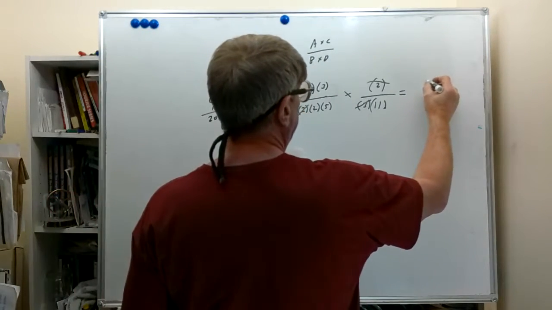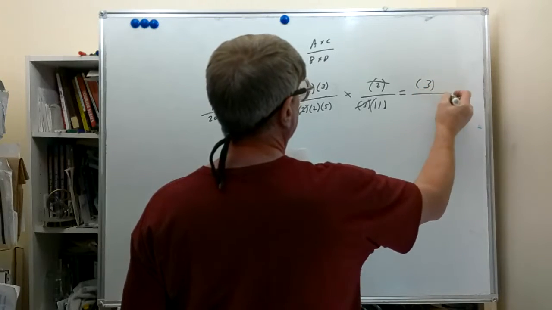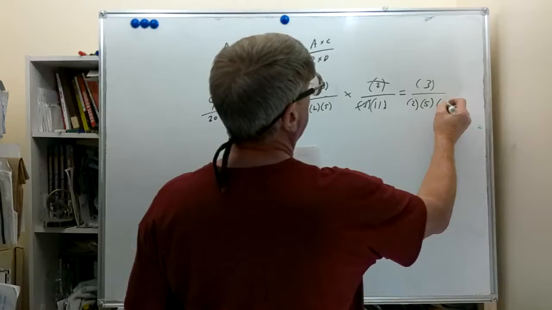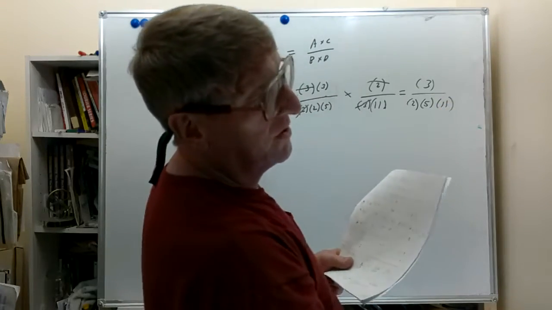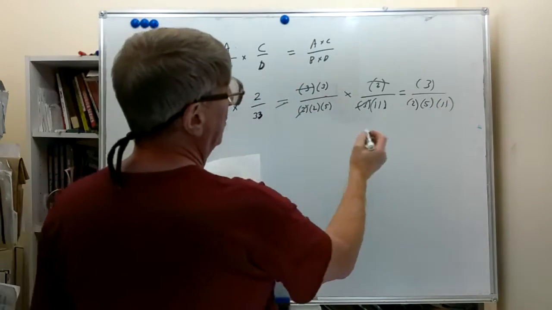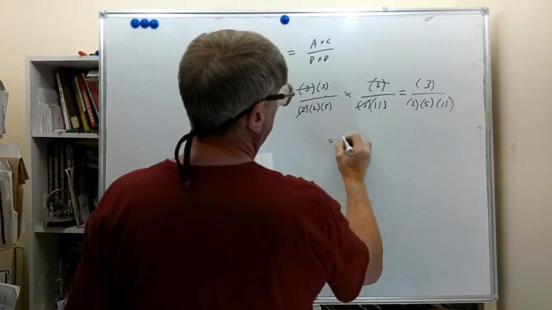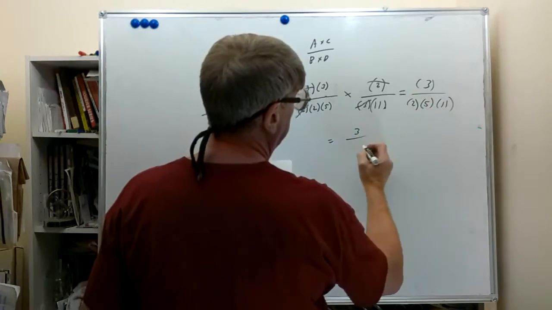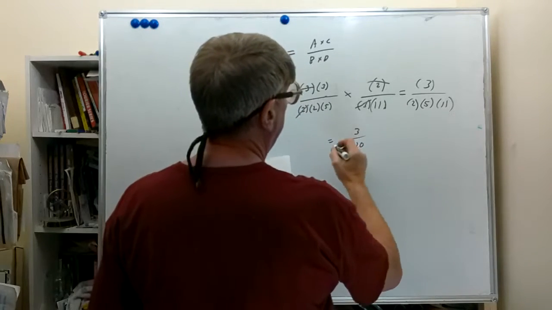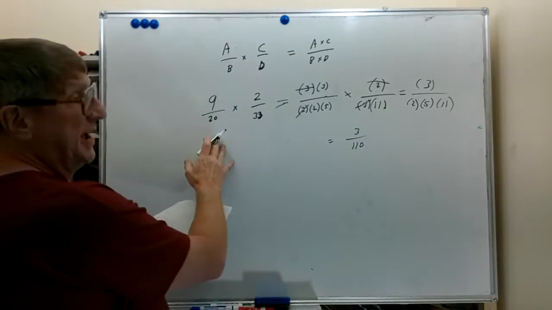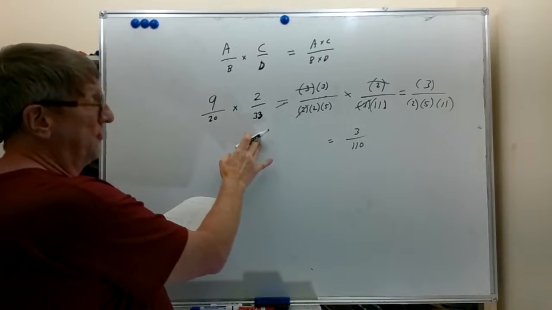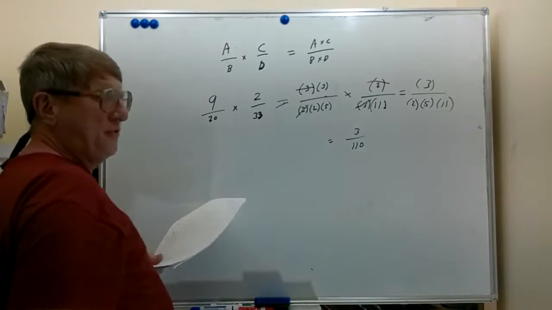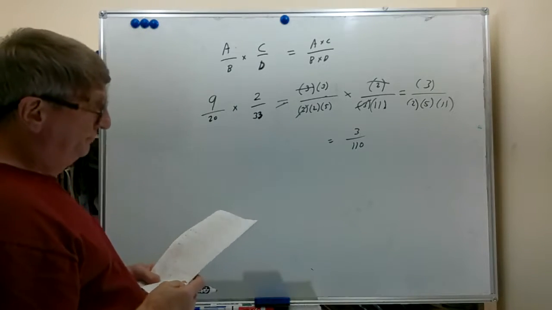So we can say that's 3 over 2, 5, and 11. Now we can multiply those out. The 3 on the top, 2 times 5 is 10 times 11. 10 times 11 is 110. So now we have multiplied 9 over 20 times 2 over 33 to get 3 over 110.